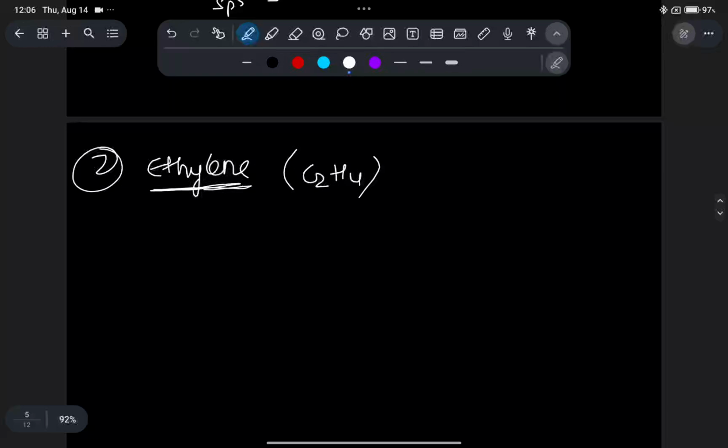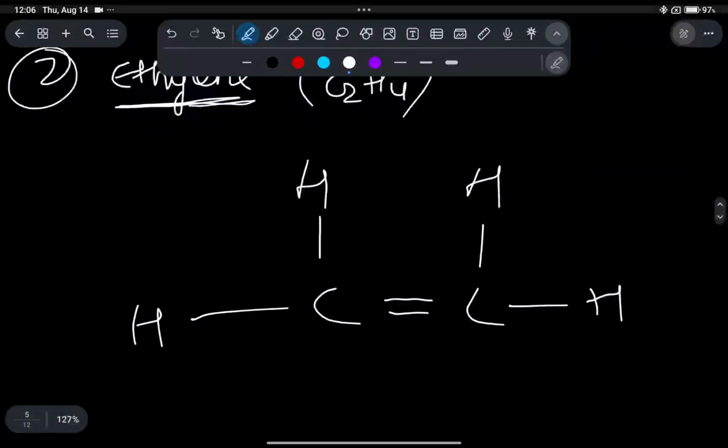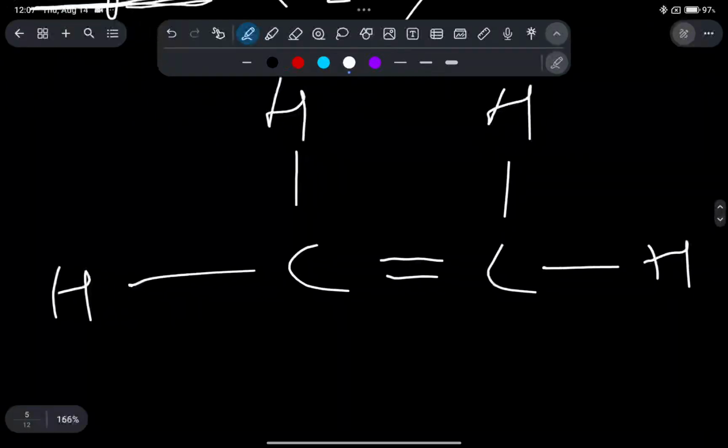So the alkene, C double bond C, bond H. If you see here, the carbon is sp2 hybridized, and this carbon is also sp2 hybridized because a double bond is attached to them.